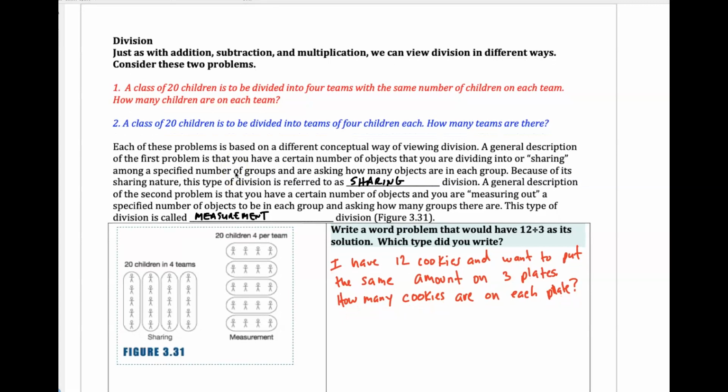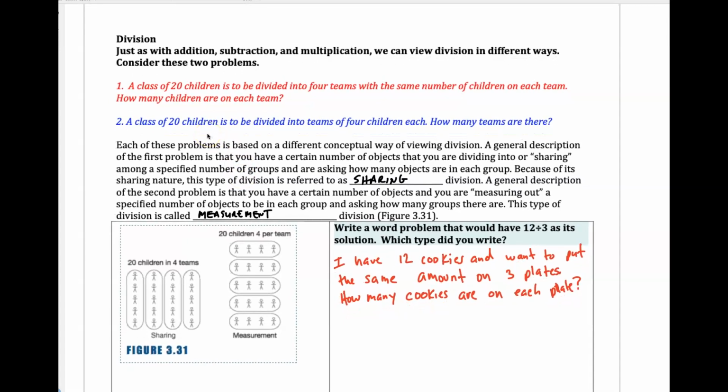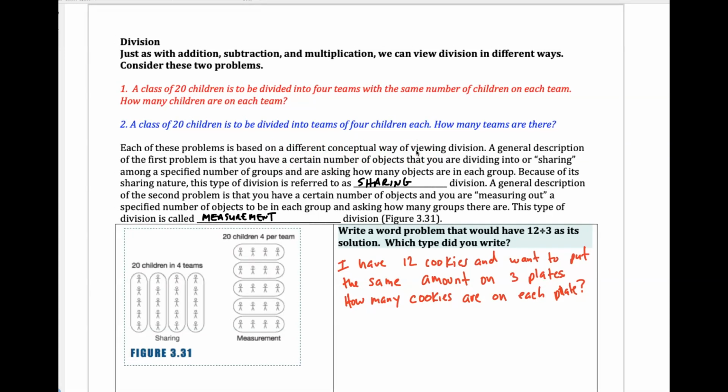Okay, we're back now. And now what I want you to think about, each of these problems is based on a different conceptual way of viewing division.